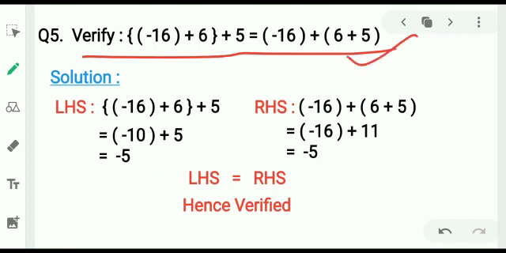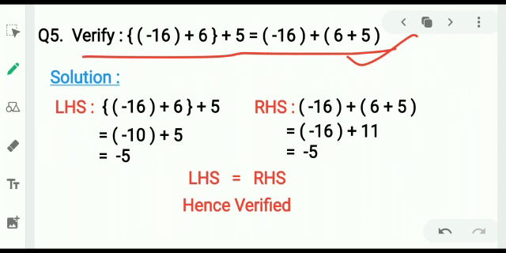Next we have to verify whether the statement is true or not. It is written: group of -16 plus 6 plus 5 is equal to -16 plus group of 6 plus 5. For verification we have to take the LHS and RHS. What is LHS?